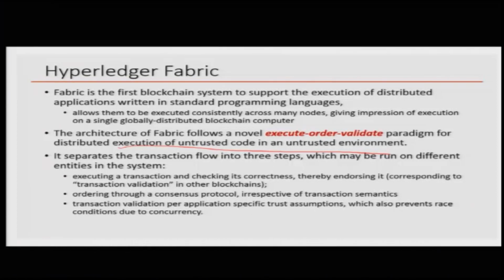When the client or the user of the application proposes a transaction, for example, give this much money from my account to somebody else's account, or give this much price for the entity I am purchasing from that other entity, then the endorsers are certain nodes which will simulate the execution of that transaction and say, if the transaction happens, then this will be the final situation.